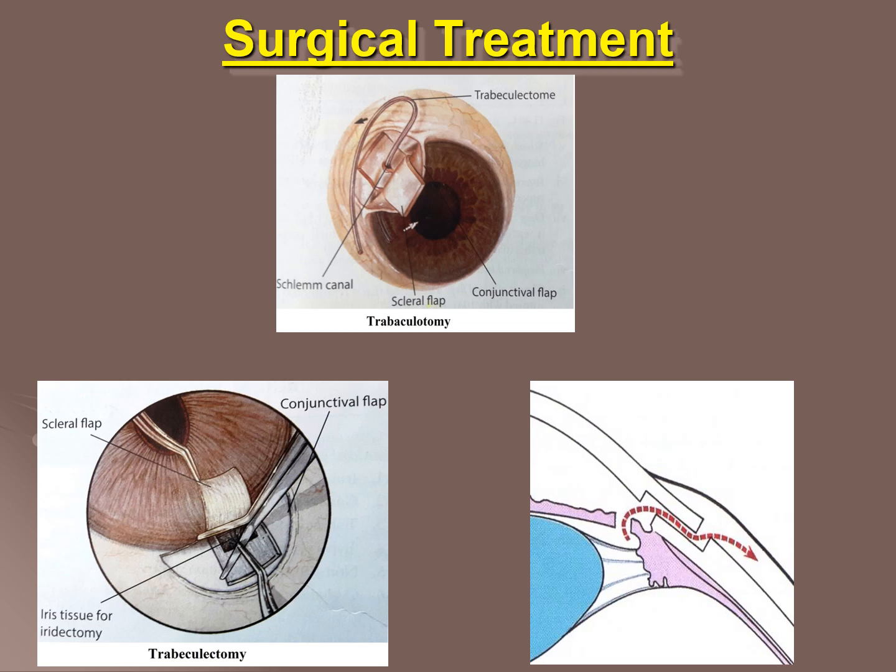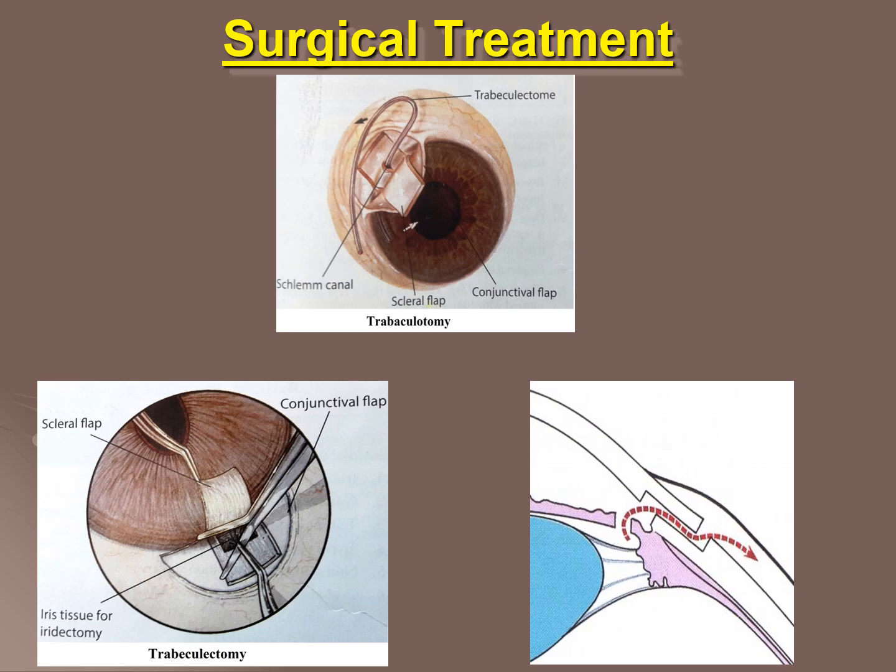We have to do the trabeculectomy, particularly with the antimetabolites, mitomycin C or 5-fluorouracil. Here we raise a partial thickness scleral flap, then we cut a peripheral iris along with trabeculum so that a new channel is created bypassing the pupil.